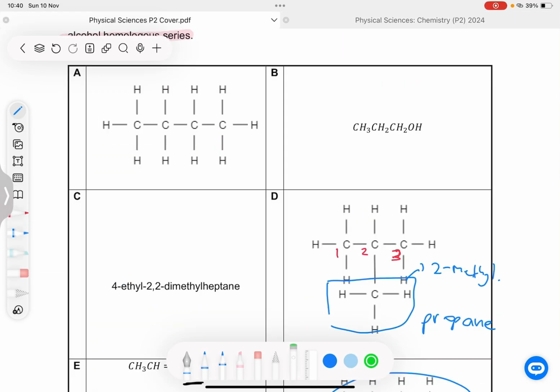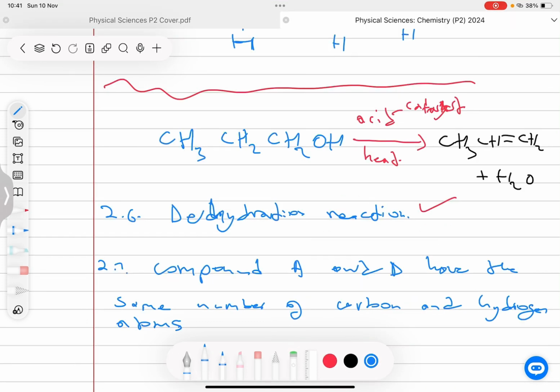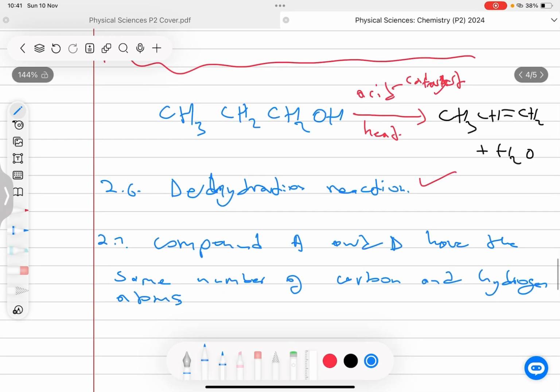And this is very important because if you count also your carbons, you'll see that they're the same. 1, 2, 3, your hydrogens, I mean, 4, 5, 6, 7, 8, 9, 10. So we have 1, 2, 3, 4, 5, 6, 7, 8, 9, 10. So the number of carbons and hydrogens is the same.